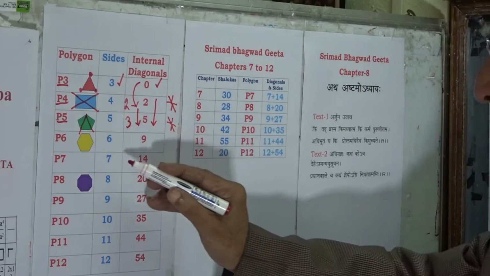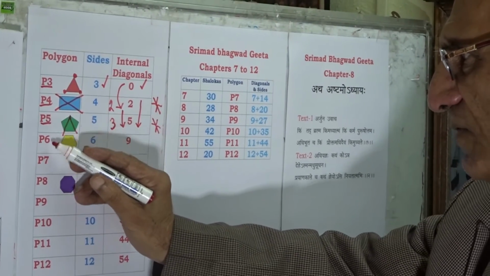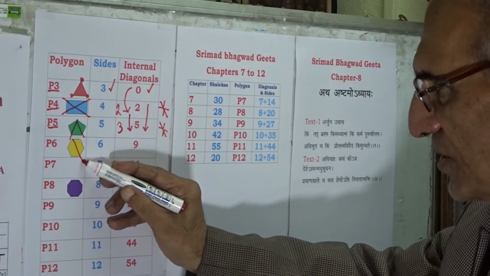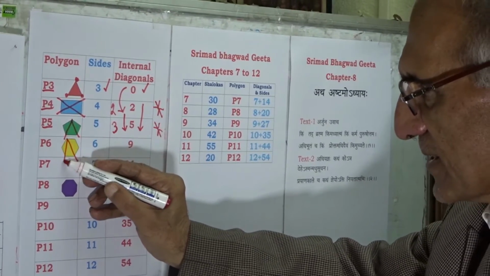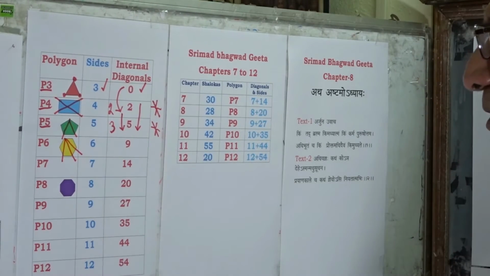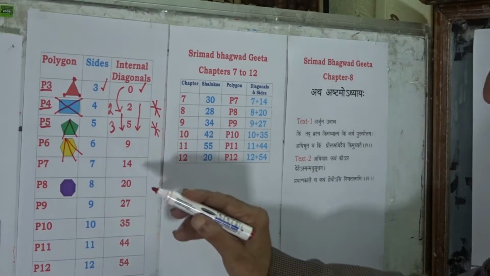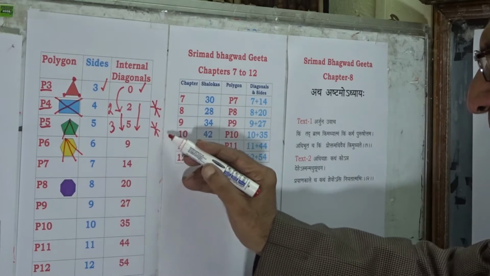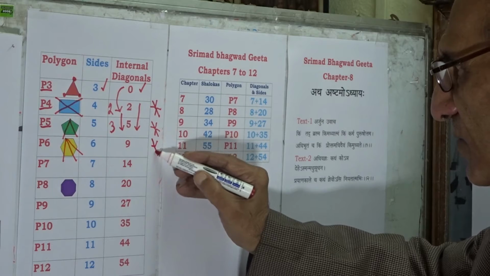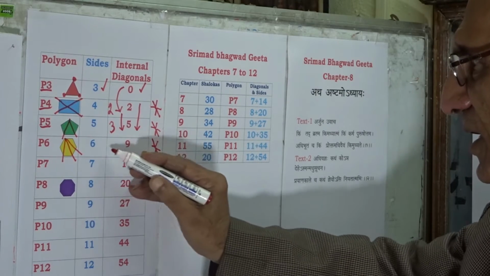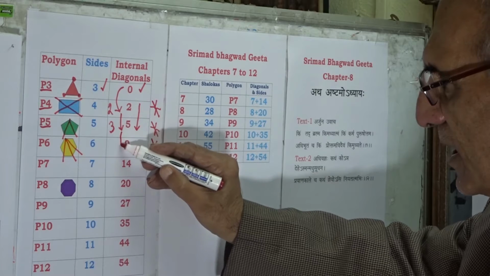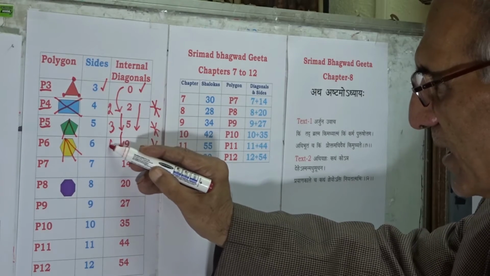Step ahead, when we reach from polygon 5 to polygon 6, then we know that from each vertex there is an inflow of triple internal diagonals. 6 multiplied by 3 is 18, and the feature of the pair of orientations will reduce the value 18 into 9 internal diagonals. There is going to be an increase of 4 internal diagonals.